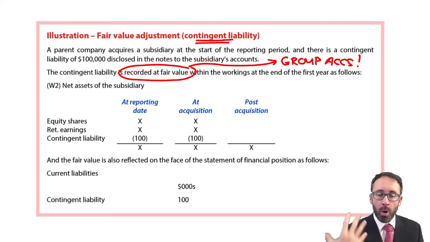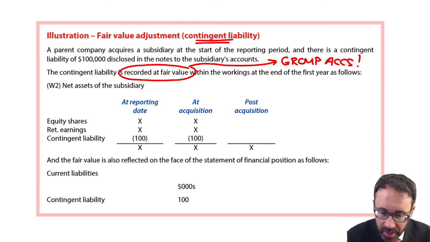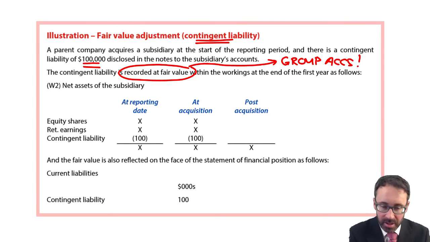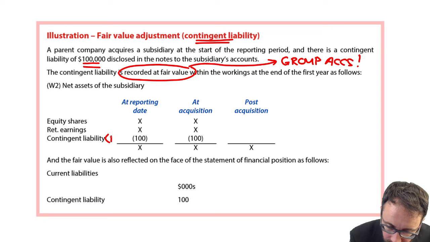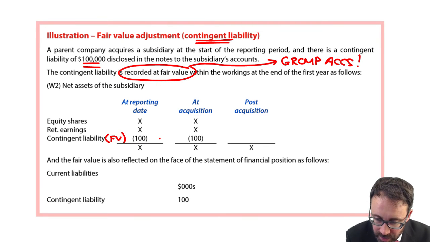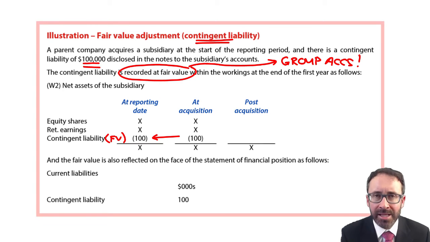Okay. So what you see, again, you need to record it in the net assets. So we know that it was 100,000. We'll assume that that is the fair value. So you would record it at fair value. Here, it's 100,000 at acquisition. We're not told anything about it changing, so we keep it at 100,000 at the reporting date.